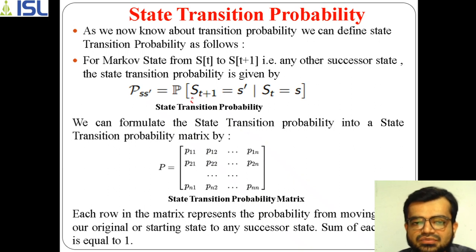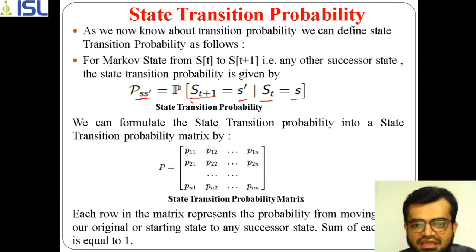ST plus 1 is the new, future state, represented as S dash, and the current state is ST, meaning S here. So S means the current state, S dash means the future state, and the probability P of this can be represented in this way.